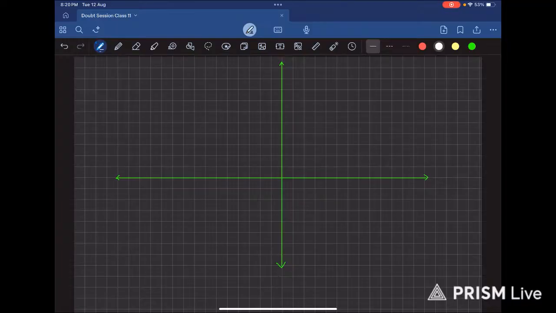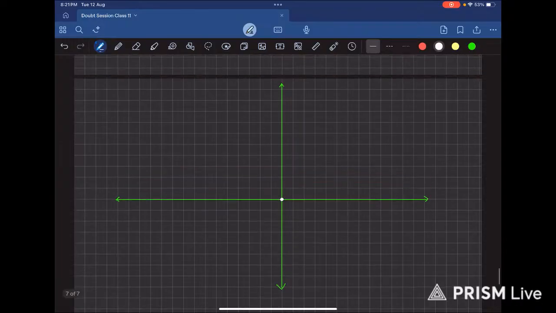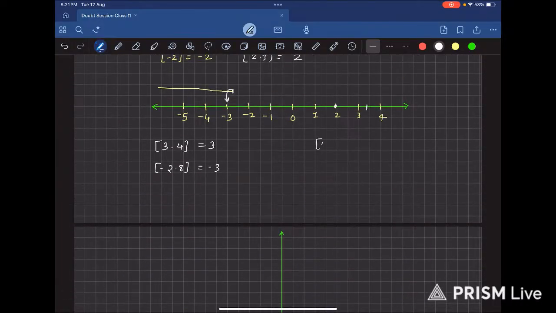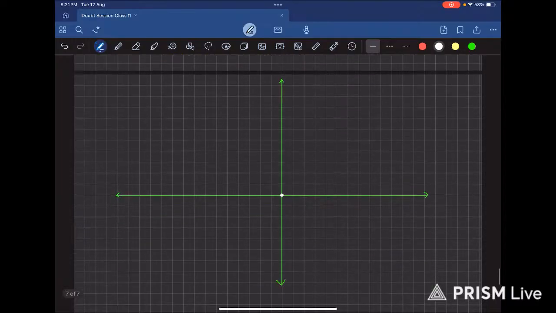So my dear students, I'll go for the graph for greatest integer function, from 0 to 1. First of all, I will calculate the values. What is the greatest integer function for 0.1? Answer is 0. What is 0.2? Answer is 0. Which point must you cross for this?